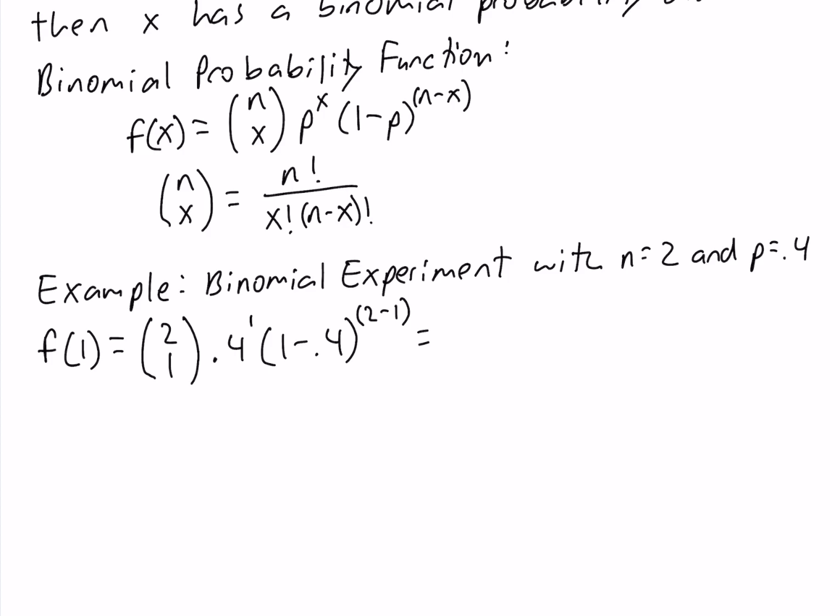So 2 choose 1 is going to be equal to 2 factorial over 1 factorial times 2 minus 1 factorial, times 0.4 times 0.6 to the power 1.